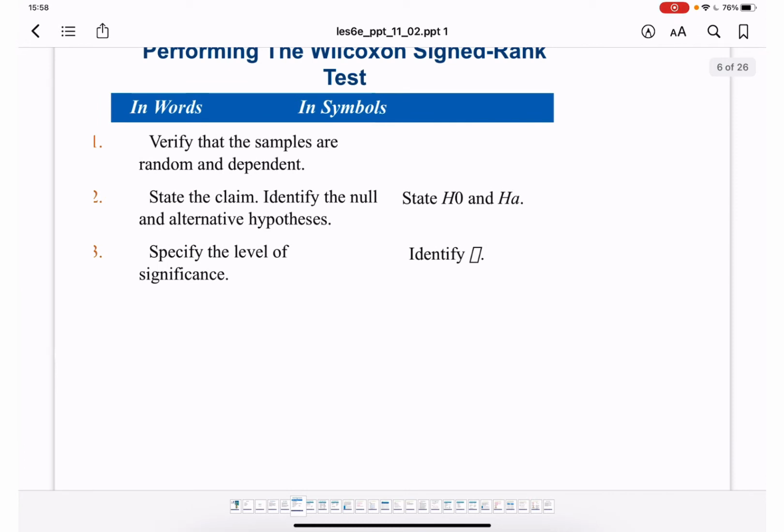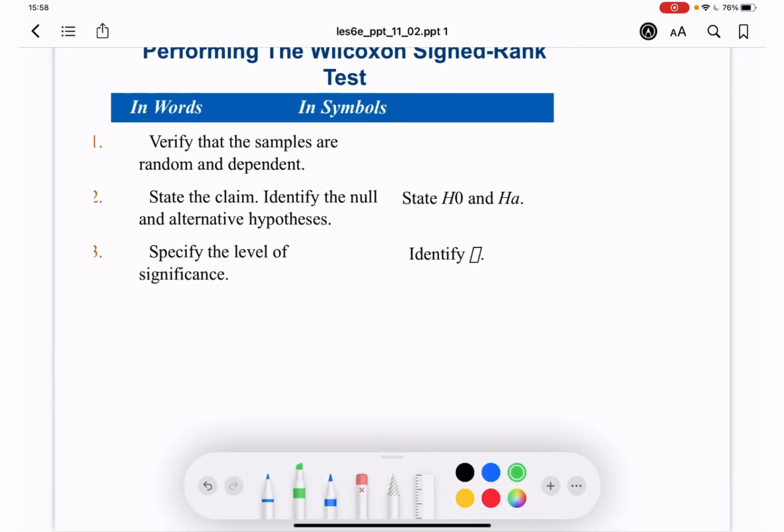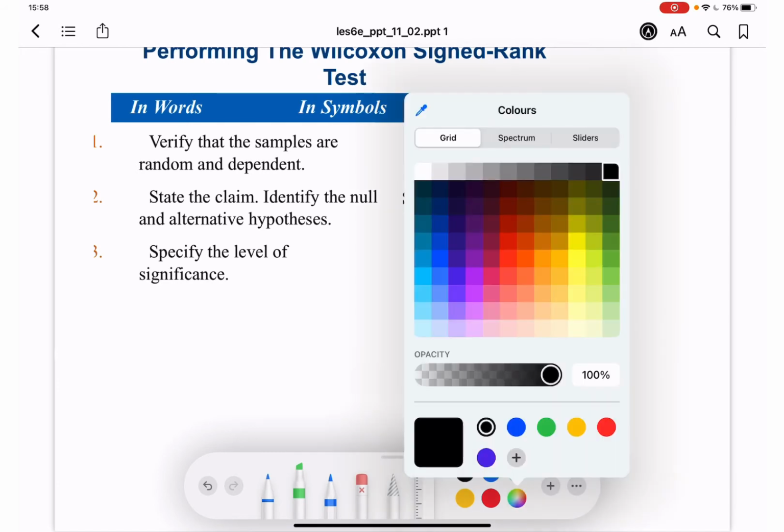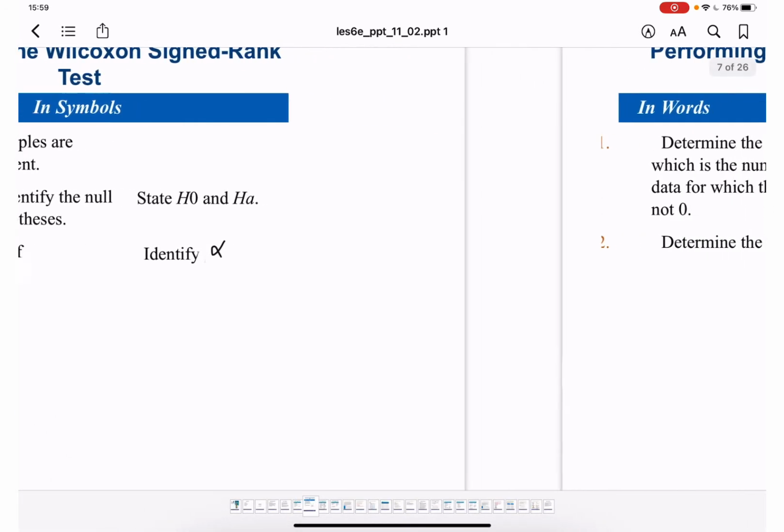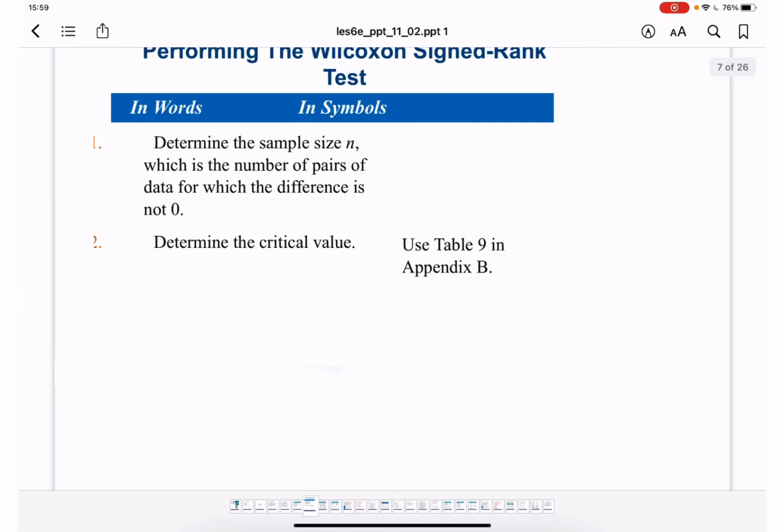So these are the steps, step by step. I'm not going to read those. We need to identify alpha, the level of significance, because I'm going to use all of this in the practice, so just so you know.